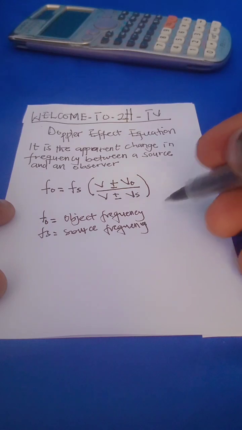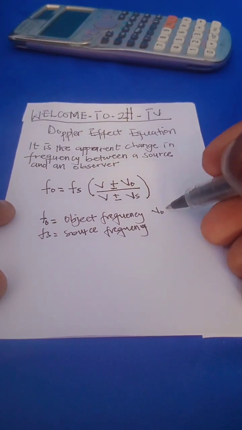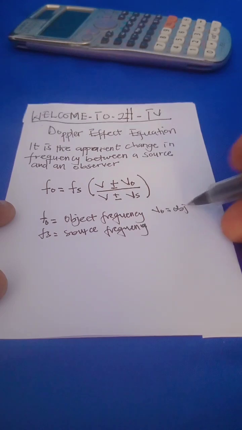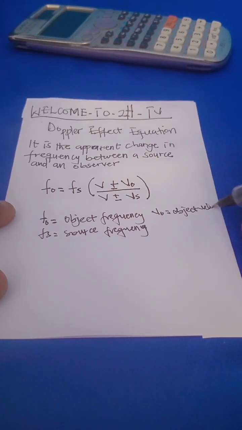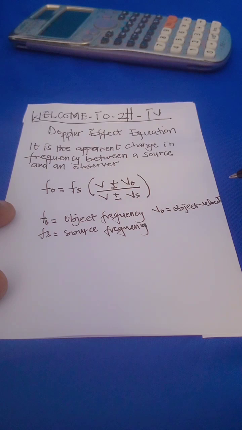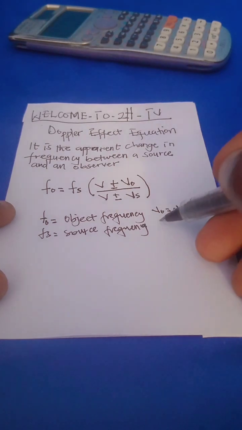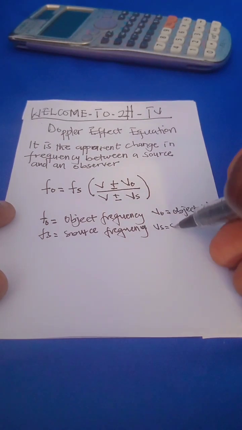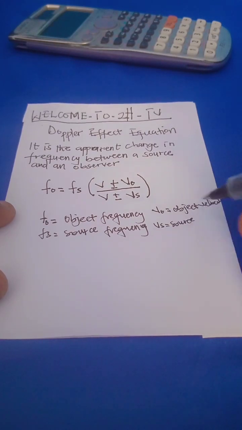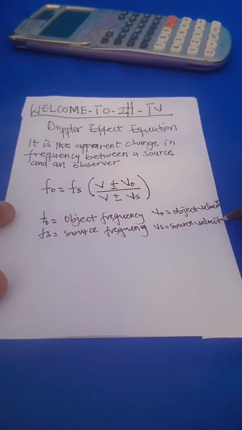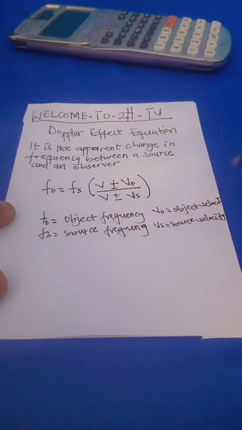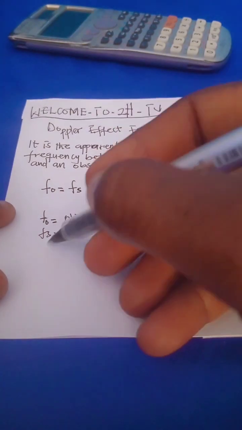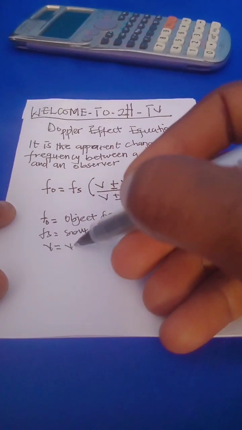VO is object velocity. Then VS is source velocity. So FO object frequency, FS source frequency, VO object velocity, VS source velocity, and V itself is the velocity of sound.